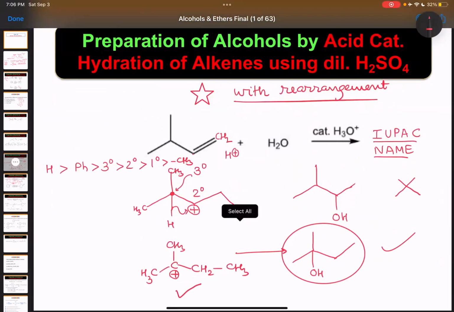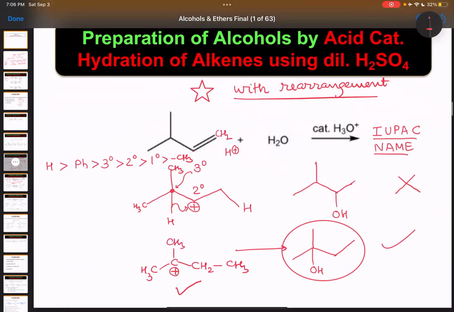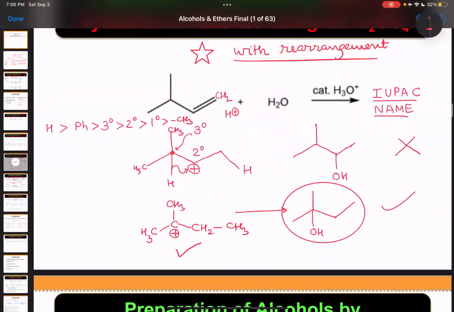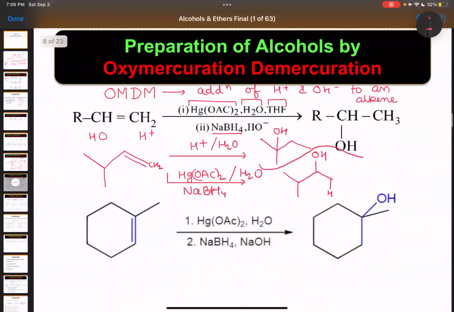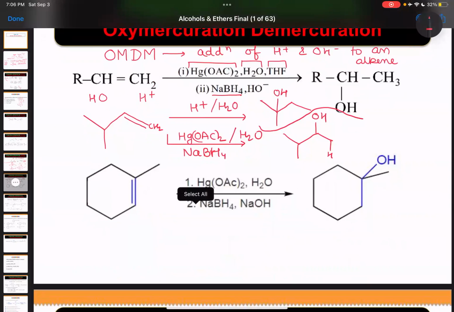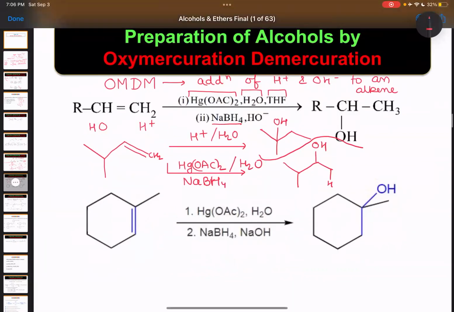We started adding H plus to the carbon atom bearing more hydrogens. We formed a more stable carbocation, but that carbocation changed its position because it underwent rearrangement. But in this case we will do the Markovnikov addition without rearrangement. So remember the two keywords: Markovnikov addition without rearrangement.